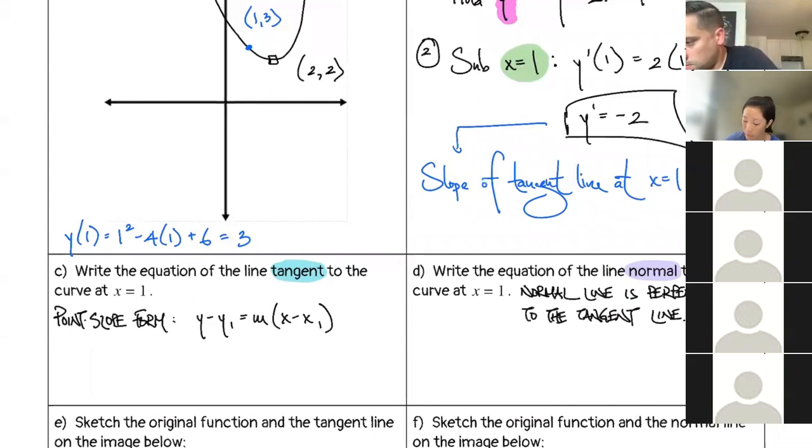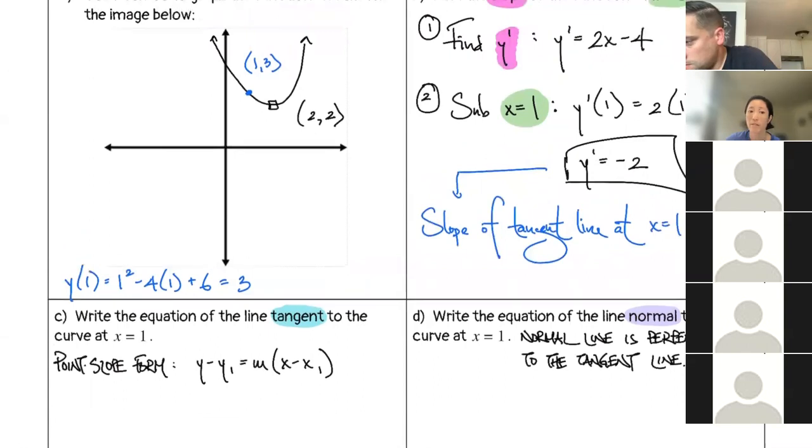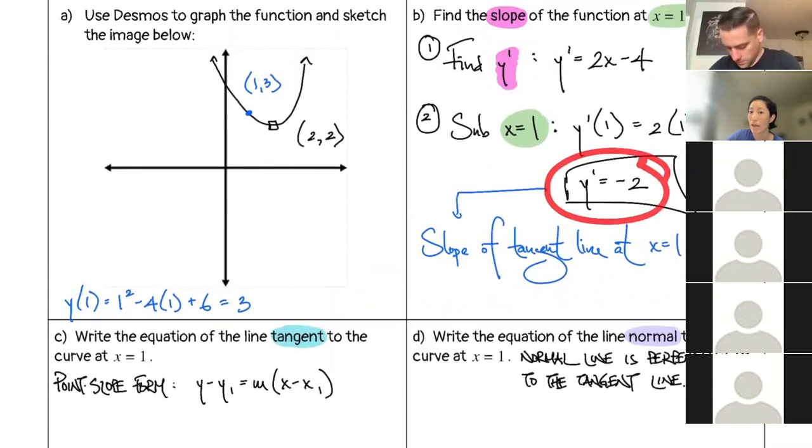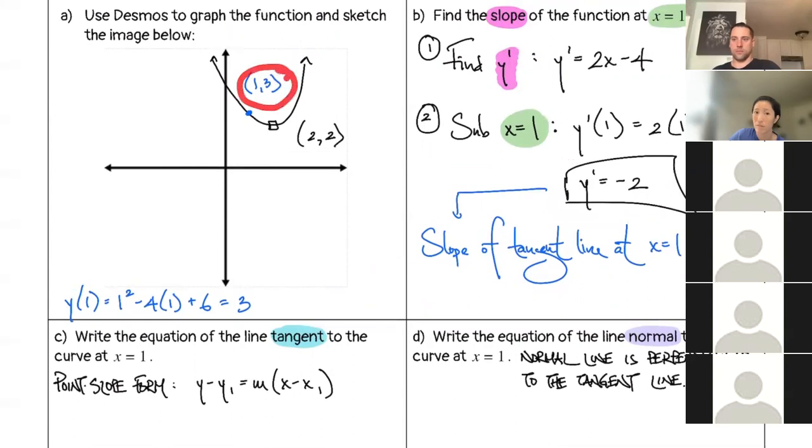Okay, so the reason why we're using point slope instead of y equals mx plus b is because look at what we found already. We found the slope, right? So everywhere I see an m, I can actually put -2. And we have a point, 1,3.